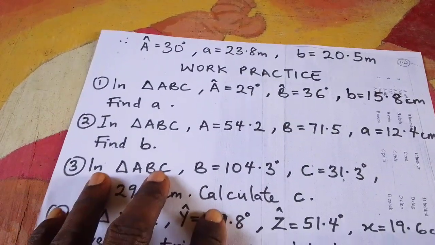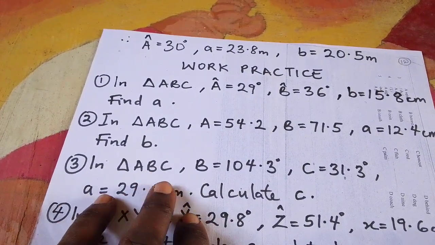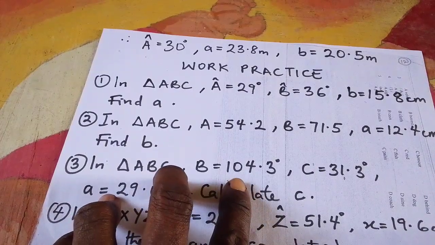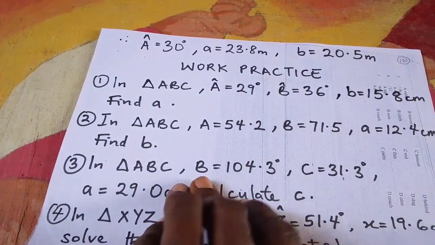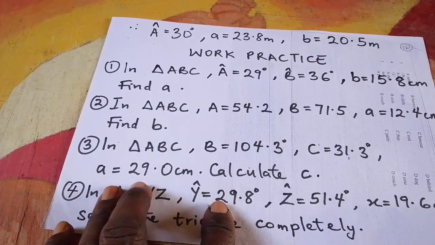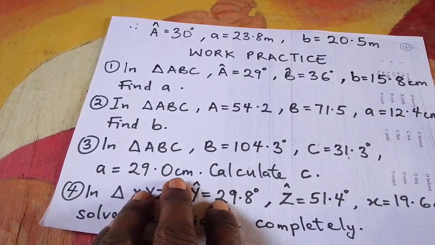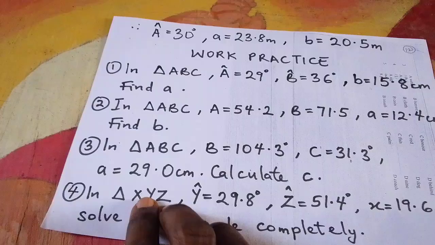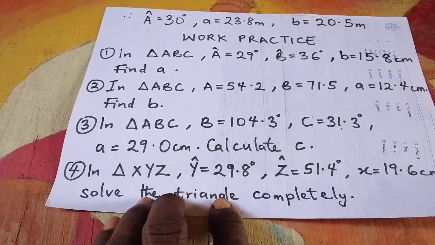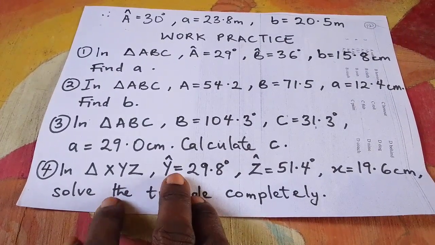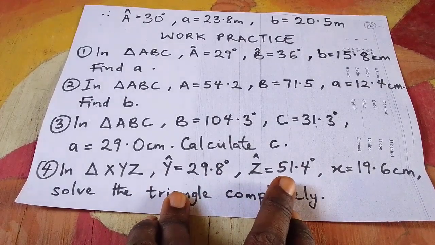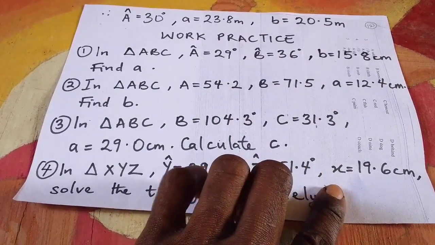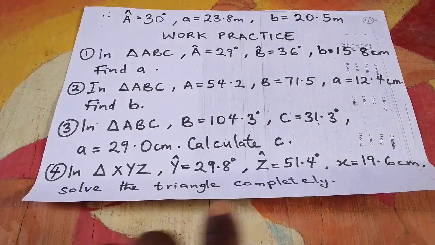Find B. Number 3: in triangle ABC, angle B is 104.3 degrees, angle C is 31.3 degrees, and side A is 29.0 centimeters. Calculate C. Number 4: in triangle XYZ, angle Y is 29.8, angle Z is 51.4, side X is 19.6 centimeters.